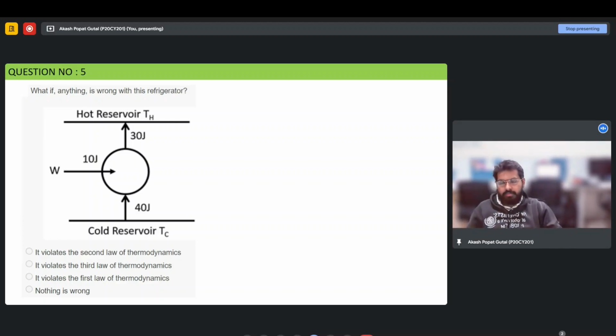We are asked to check whether it is breaking or violating any law.